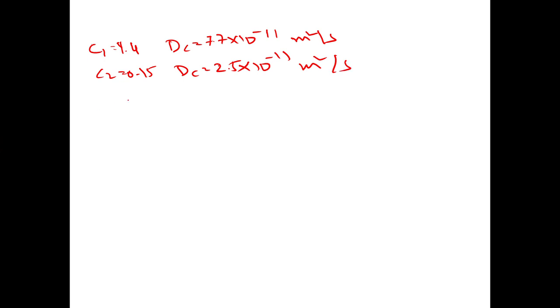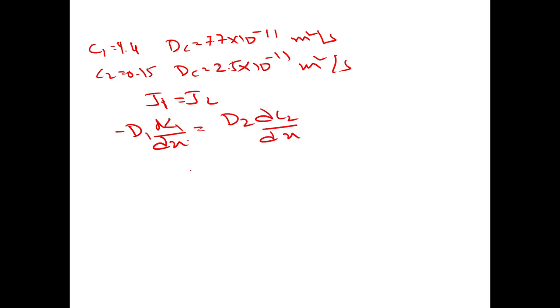So since the flux is constant, J1 equals J2, that is D1 dC1/dx equals D2 dC2/dx.